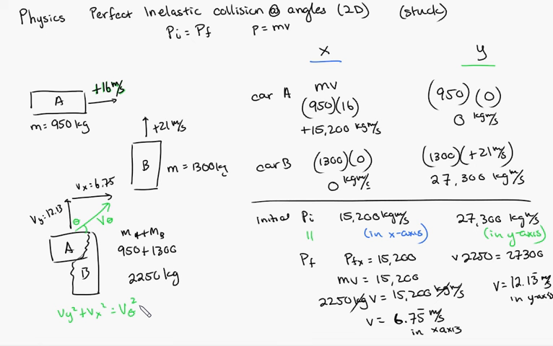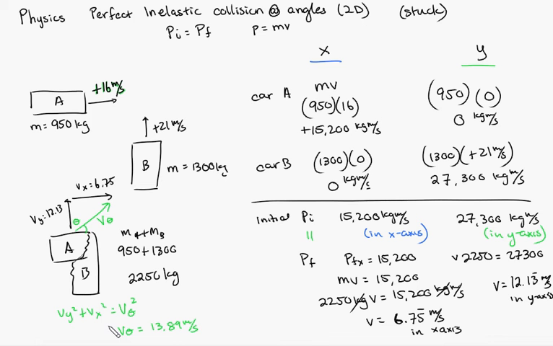So 12.13 squared plus 6.7, I'm going to round up, 6.67 squared. And then we're going to take the square root of that, and we're left with 13. So V theta is 13.89 meters per second.